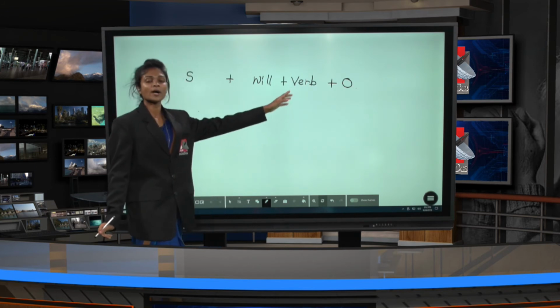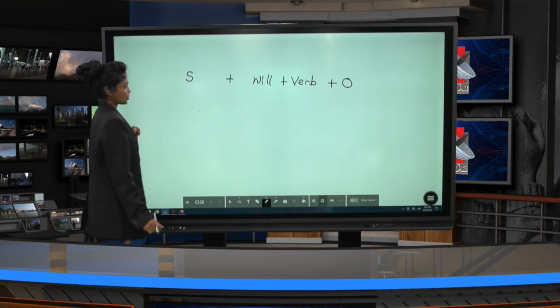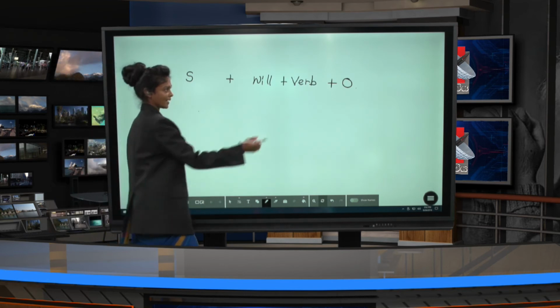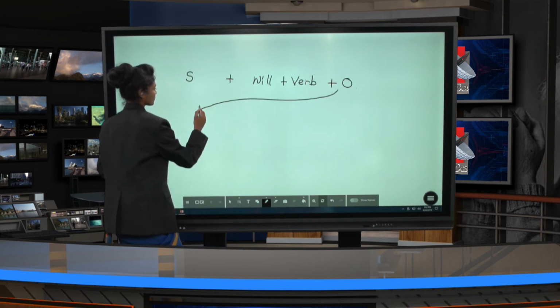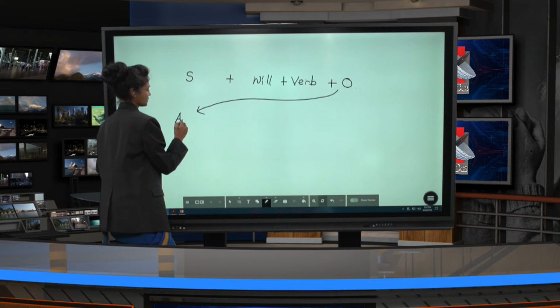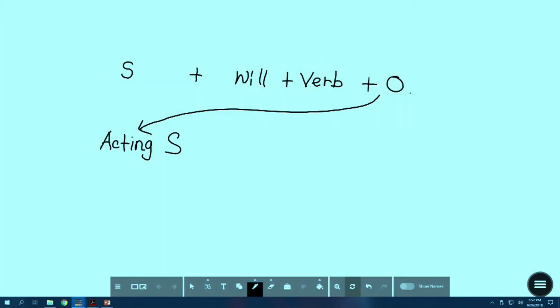She will draw a picture. When you are going to make this passive, that object should come to the front, as the acting subject. Then plus will be. How do we change the verb?